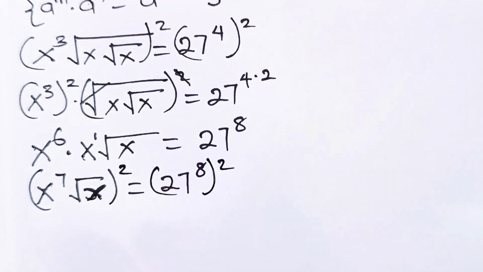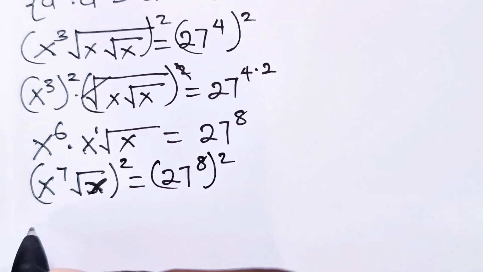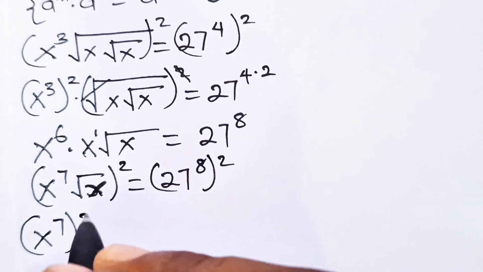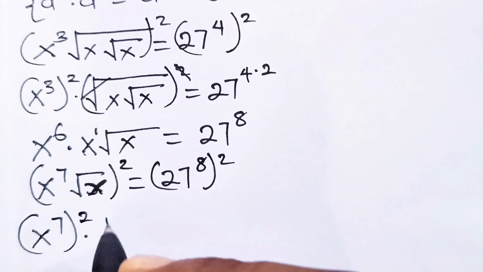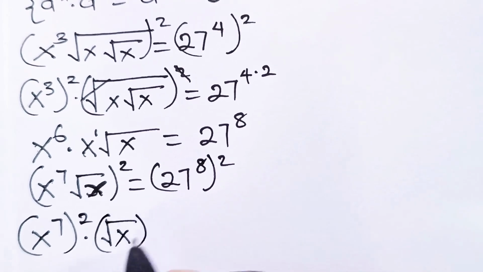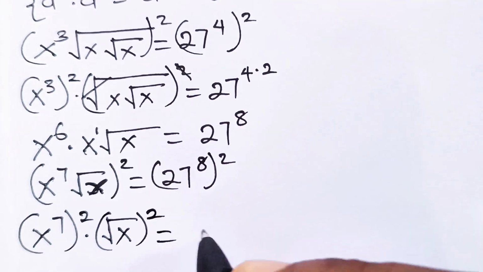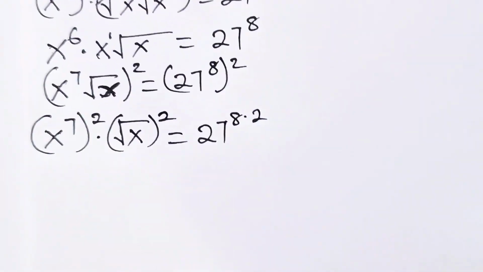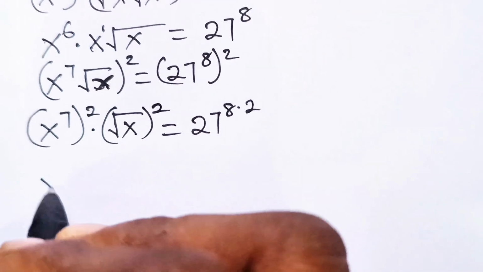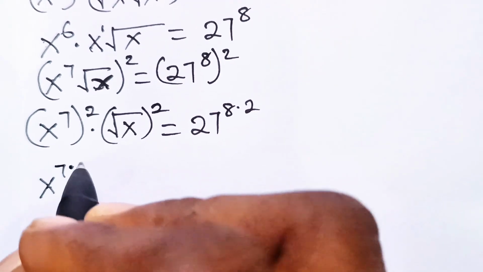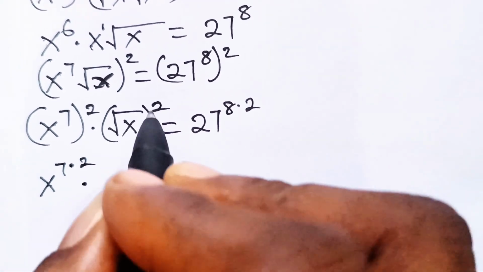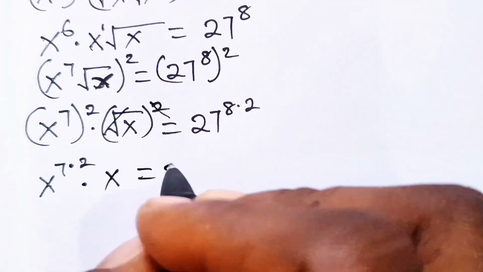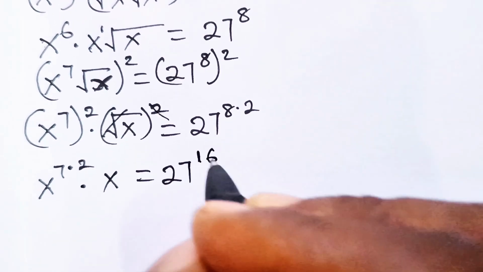So this is the same thing as x to the power of 7 squared multiplied by square root of x squared is equal to 27 to the power of 8 multiplied by 2. So we have x to the power of 7 multiplied by 2, multiplied by this, remove this, and we have x is equal to 27 to the power of 16.